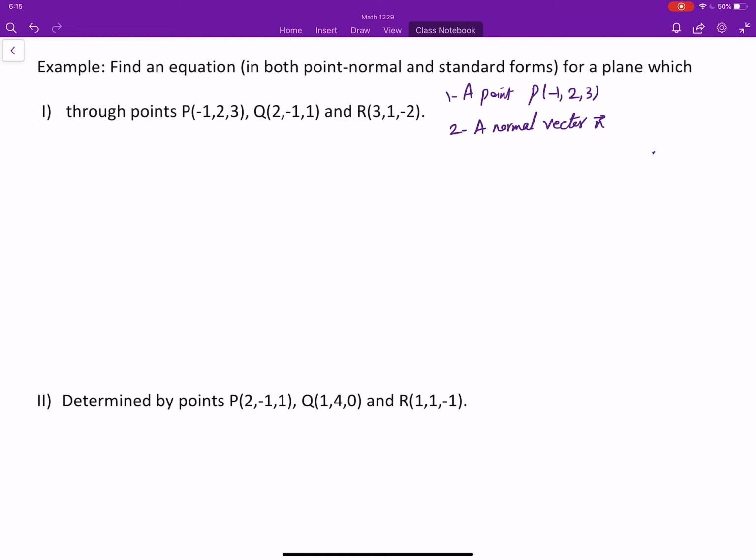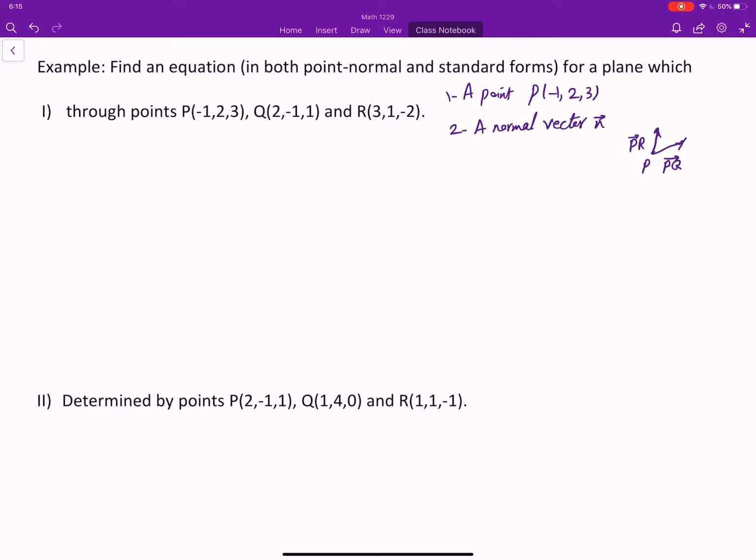First, you have PQ and PR, then you form the PQ directed line segment and the PR directed line segment. Find their equivalent vectors.